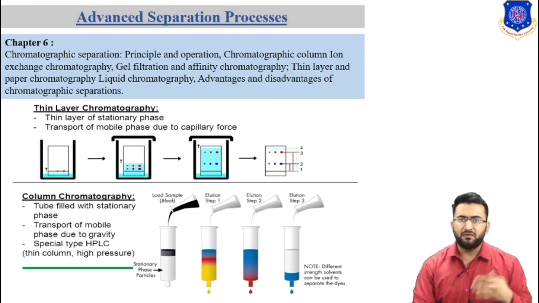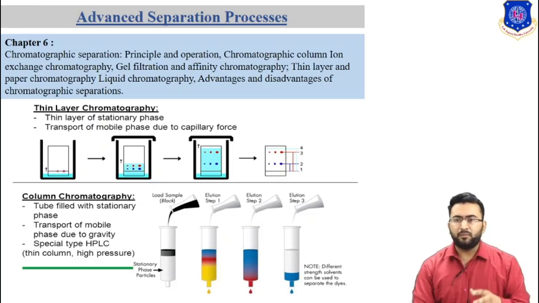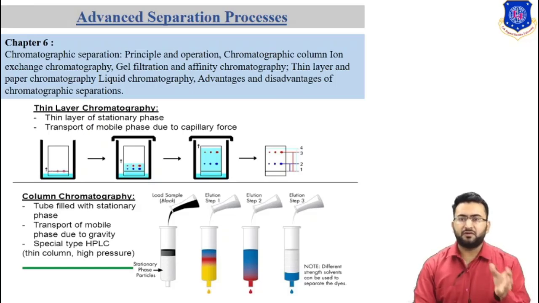Now we'll talk about chapter number 6, which is chromatographic separation. In this chapter, we'll talk about the principle of chromatographic separation and its operation, the chromatographic column, ion exchange chromatography, gel filtration, and affinity chromatographic separation. There are mainly two types of chromatographic separation used: thin layer chromatographic separation and column based chromatographic separation. We'll talk briefly about both in this chapter.